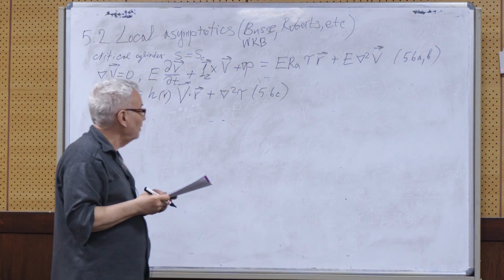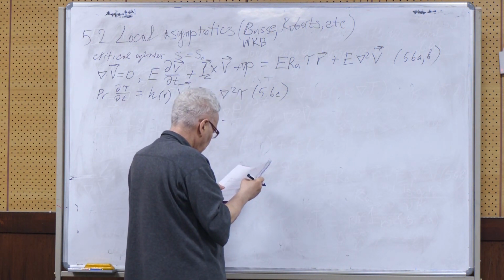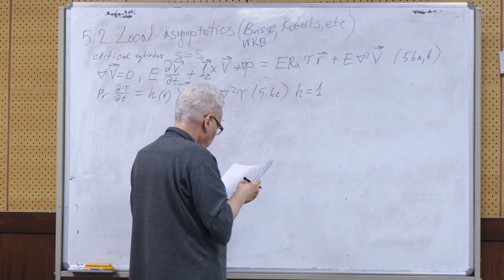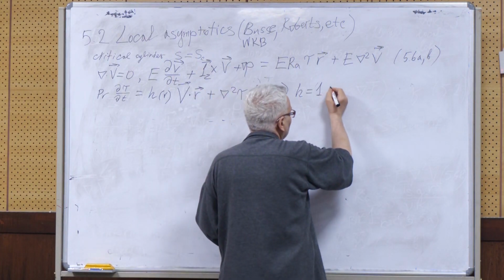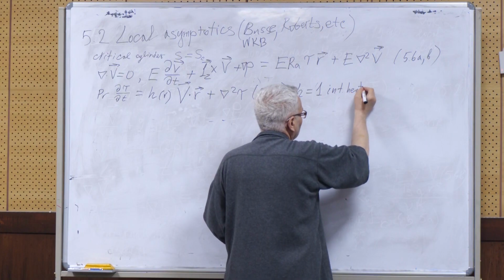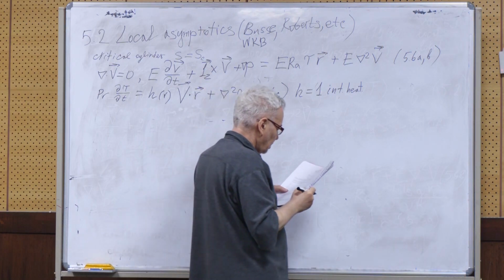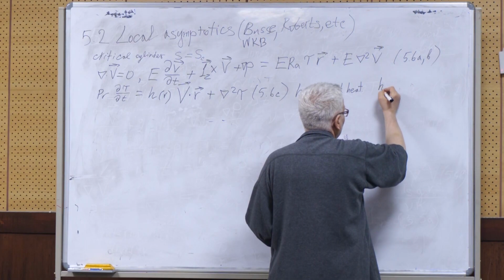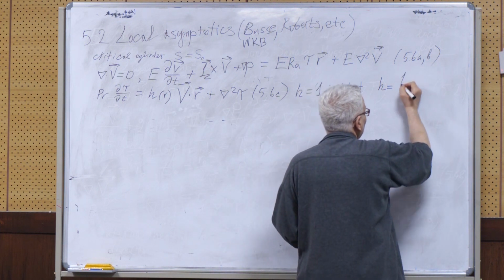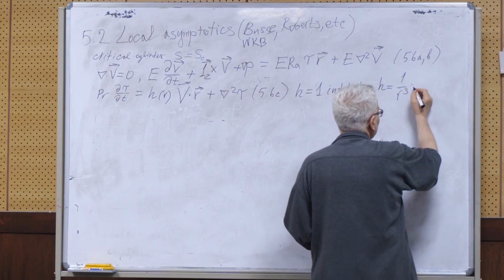Okay, so actually we can specify directly here that if we have internal heating, then this h is just 1. It's internal heating. And in the case when this h is equal to 1 over r cubed, this is the case of differential heating.